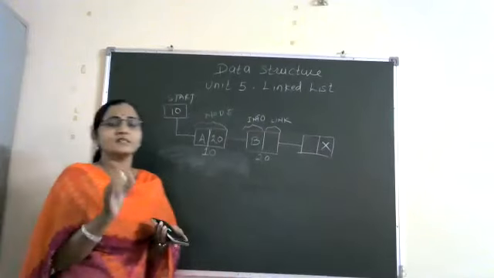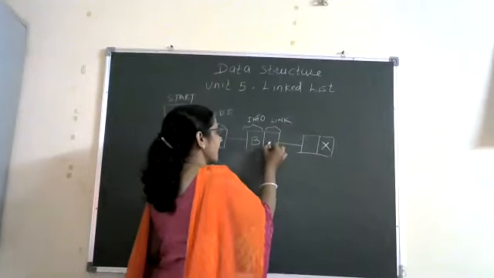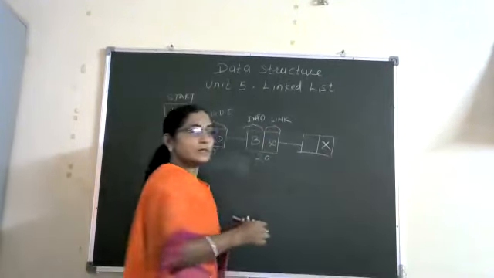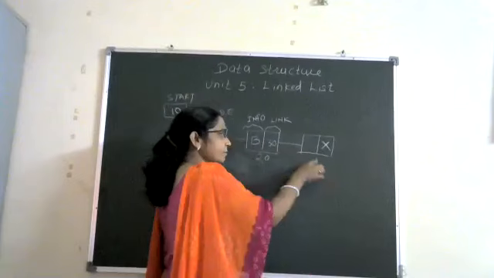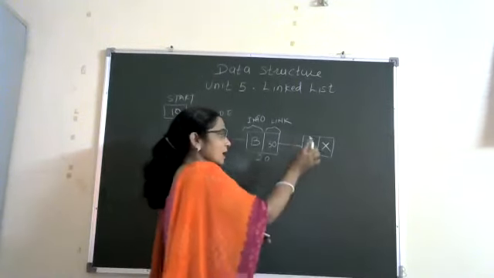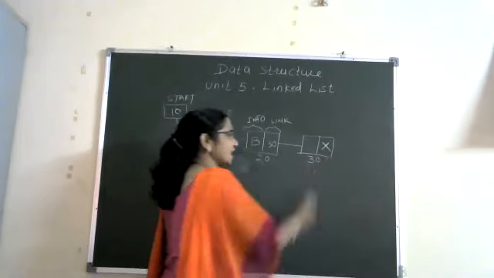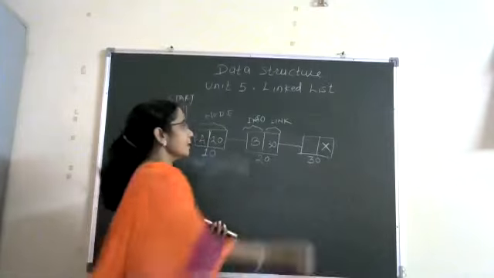It consists of the address of the next node. Suppose here I write the value 30, meaning 30 is the address of the next node. So which is the next node? This one, and this node is at the address 30.